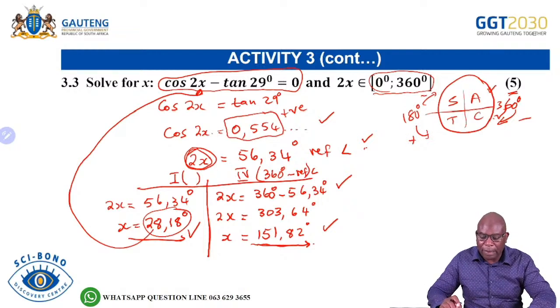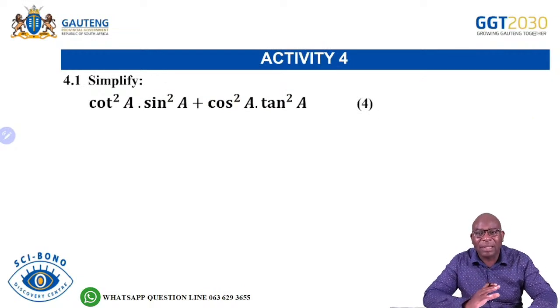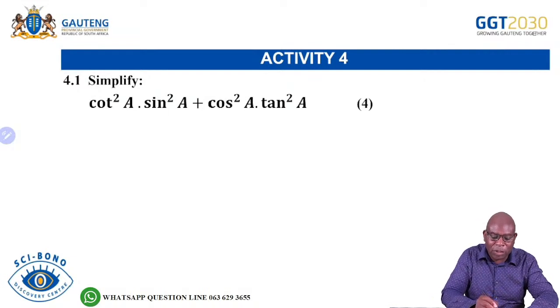Okay. All right. Now, another question that is really easy pickings, easy marks. You have your identities. The cord must change to what?